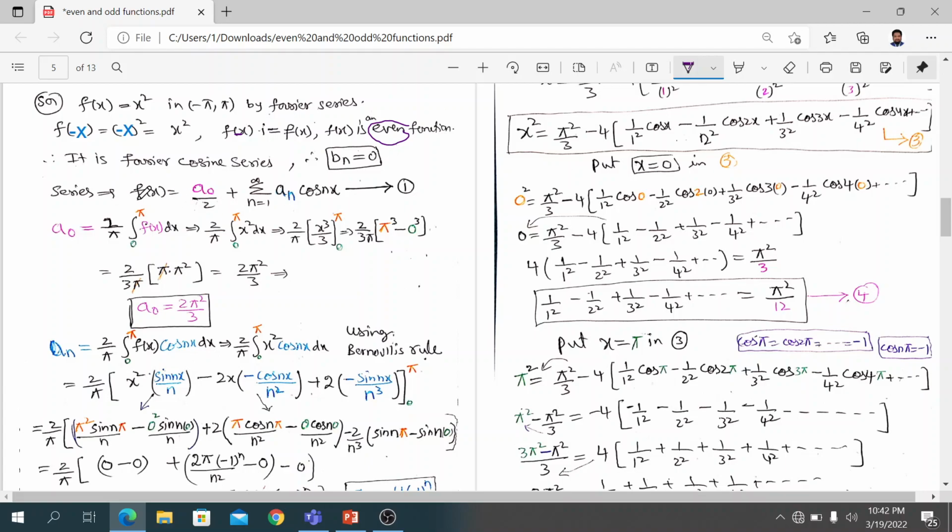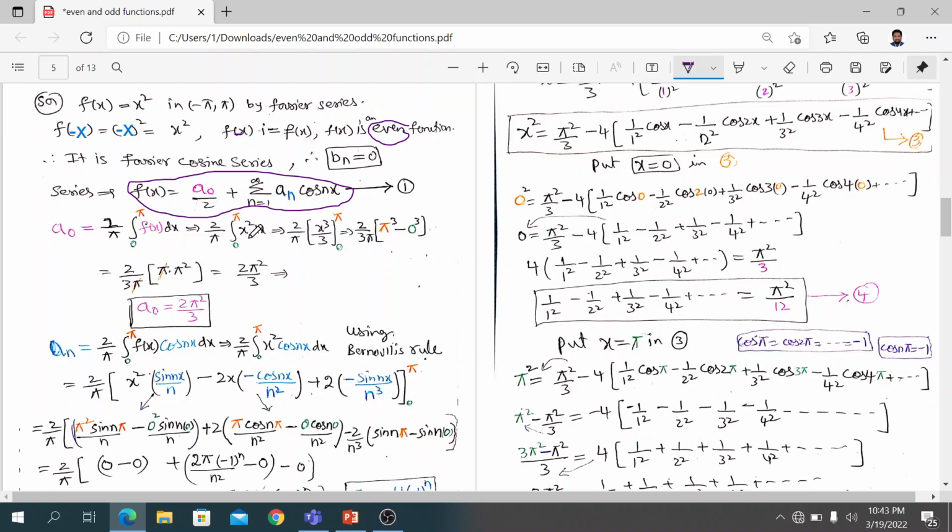Now we have only f of x is equal to a naught by 2 plus sigma n is equal to 1 to infinity an cos nx. First we find the a naught value. Formula is 2 by pi integration 0 to pi f of x. What is f of x?